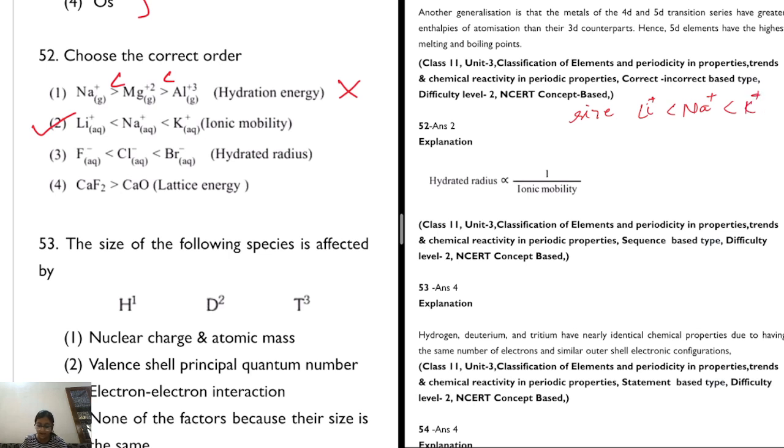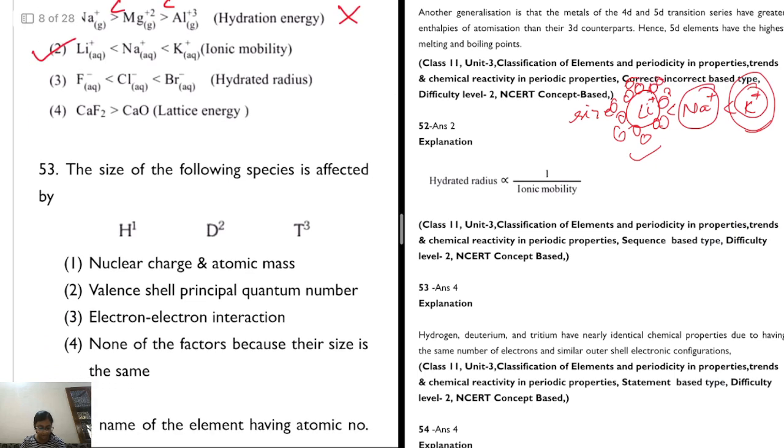So in aqueous solution, the smallest ion is the most hydrated ion. Okay. So if it is most hydrated, that is, it has more water molecules around it, it has difficulty in moving. So ionic mobility would be less. So it would be maximum in case of K+. So this is our correct answer.